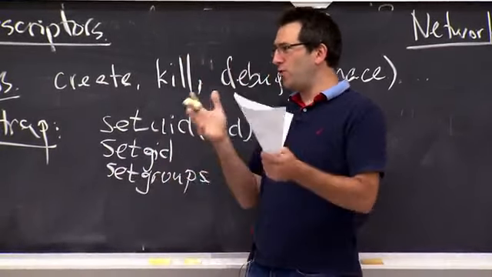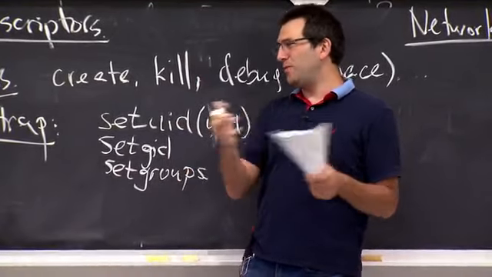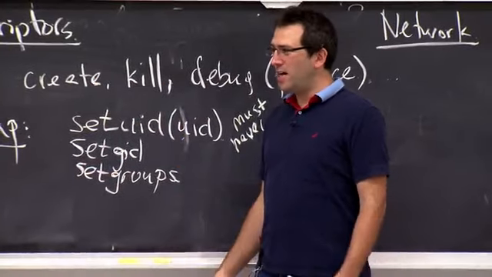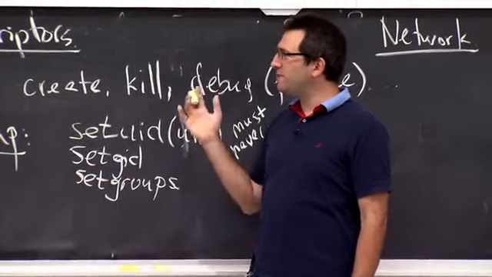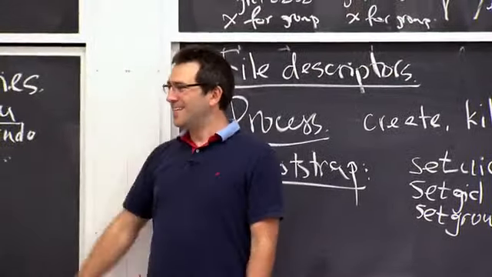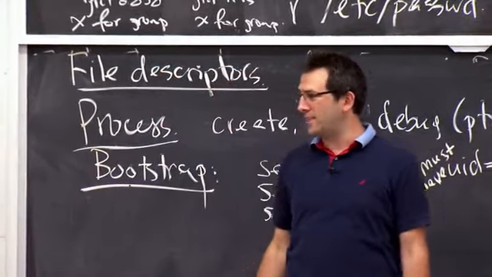So in general, if you're a particular non-zero UID, then you're stuck. You can't change the owner of any file. If you're root, you can change it to anything you want. There are some complications if you were a setuid binary and you switch from one UID to another. It's a little bit tricky. But for the most part, you basically can't change the owner of a file unless you're root.